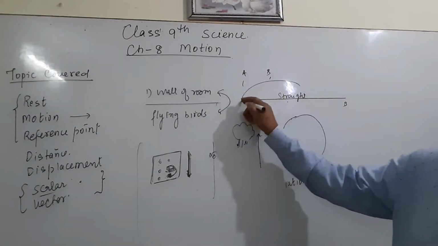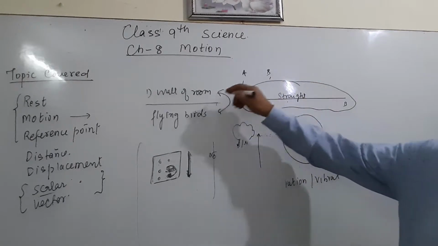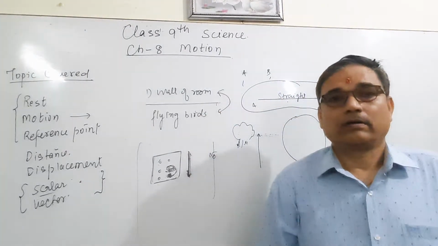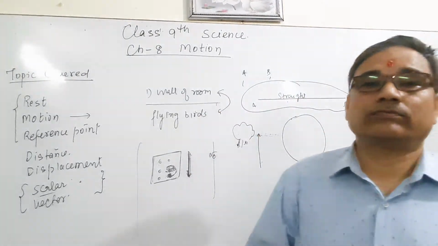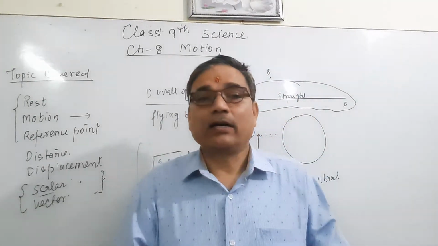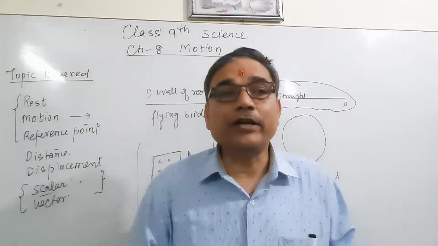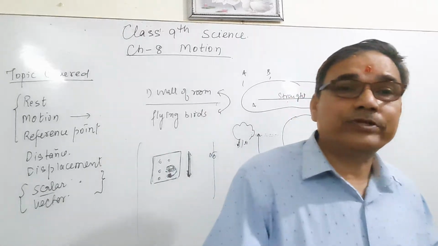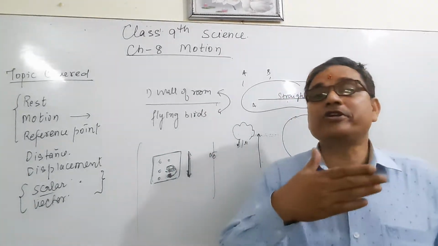But first we will start with motion in a straight line, which we call rectilinear motion. Rectilinear motion means when an object moves in a straight path, linear motion.